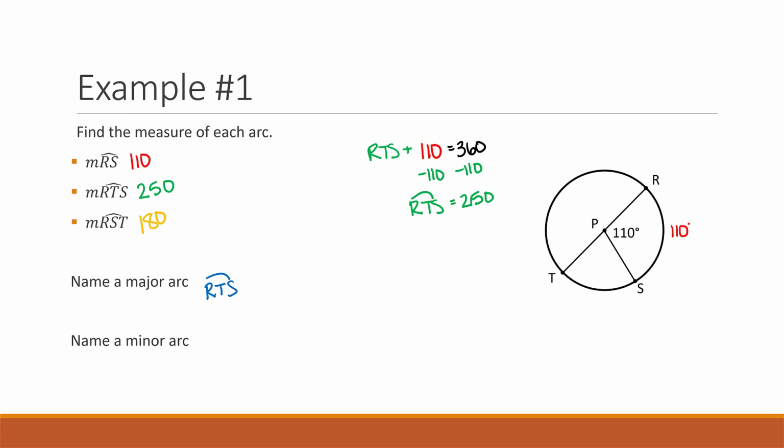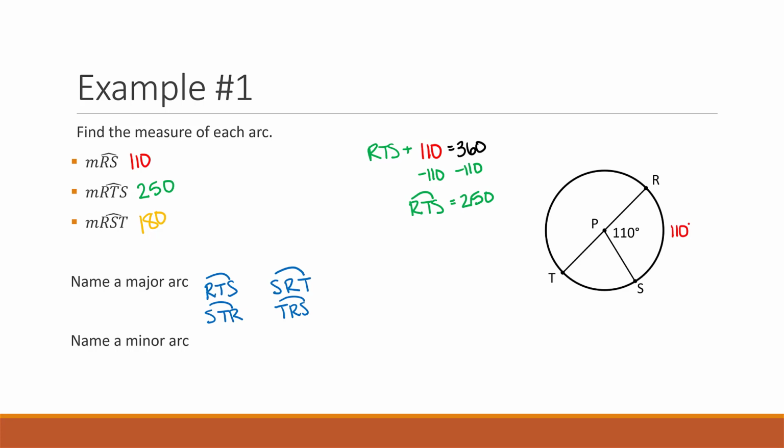We could also say SRT, because SRT also goes more than halfway around. Now, these are the same forwards and backwards. So STR is the same thing as RTS, and TRS is the same as SRT.